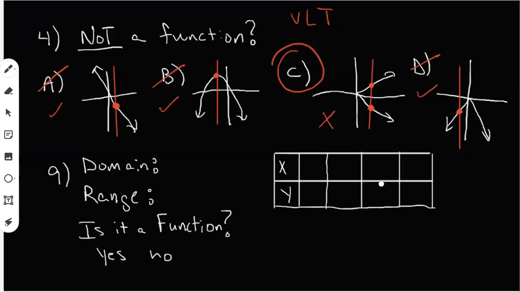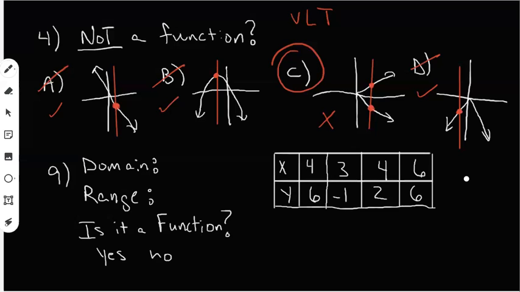Okay, so the x values are going to be 4, 3, 4, 6. And the y values are going to be 6, -1, 2, and 6. So here we're given a table. Some people call it a chart. We're given the x values on top and the y values on the bottom.